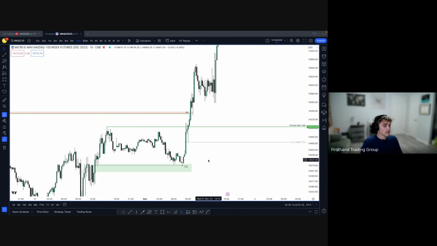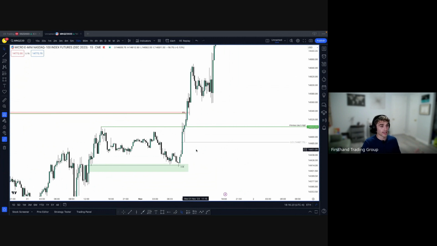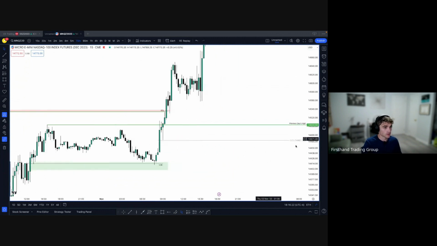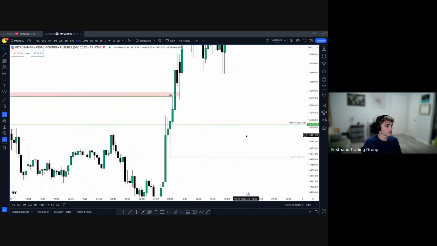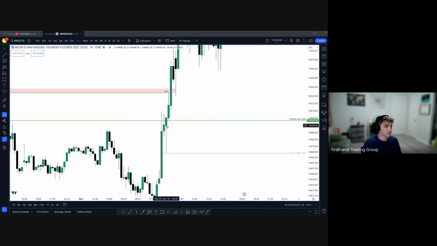So if you think in terms of how a single candle has an open, a low, a high, and a close, just like this candle right here, we have the opening price, the low, the high, and then it comes back in and closes right there.